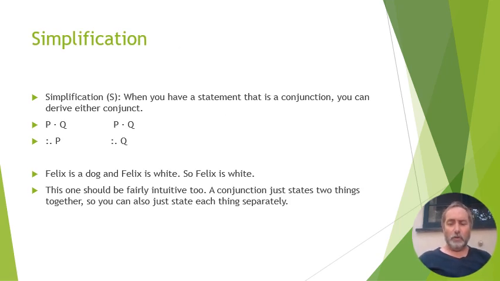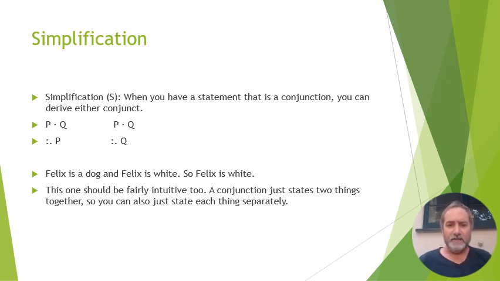We also have two rules for conjunctions, right? So one we call simplification, right? Anytime you have a conjunction, you can just derive one of the conjuncts. This follows because that's what conjunction is. Conjunctions are and statements, remember? It just says, here's two true things. Well, if they're both true, then either one of them can stand on its own as true, right?